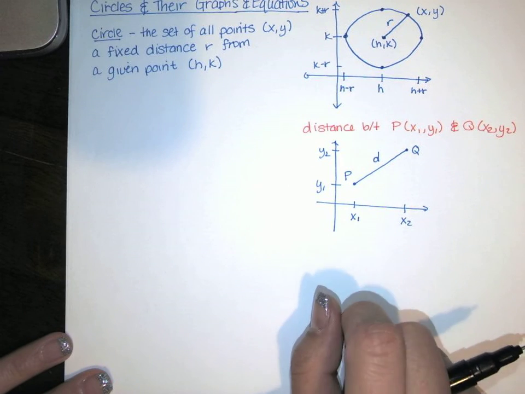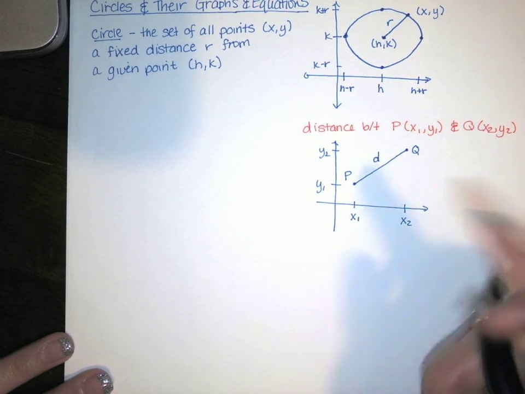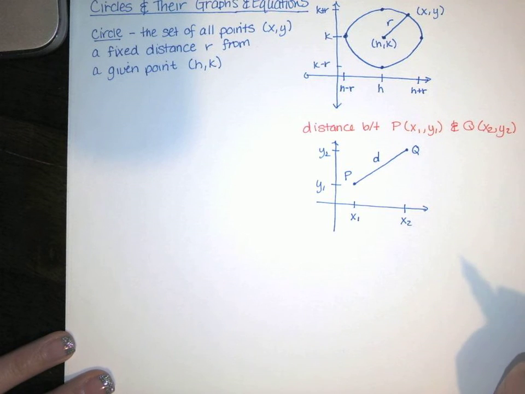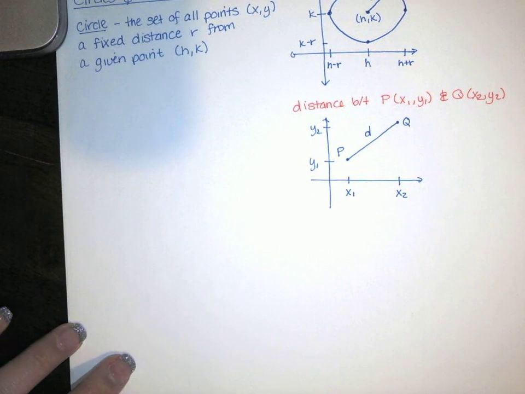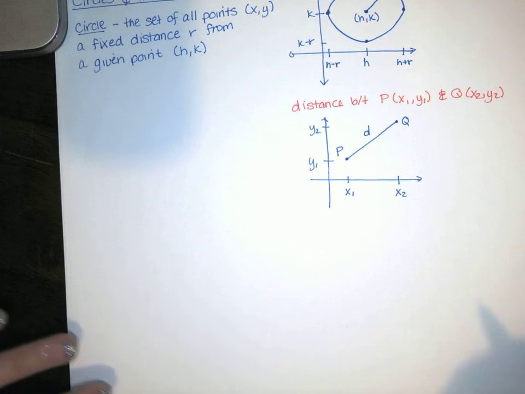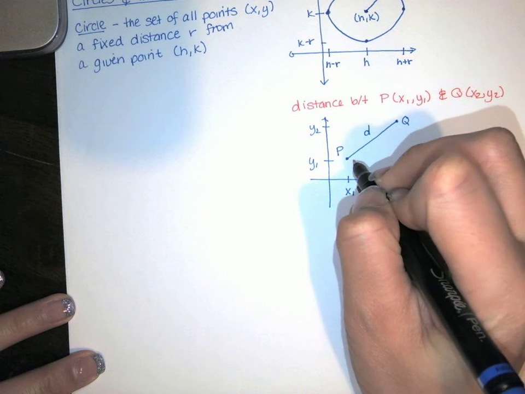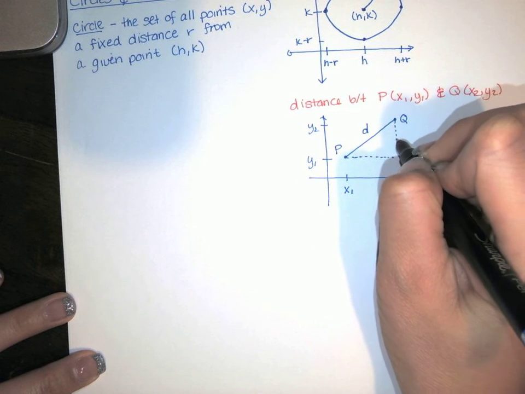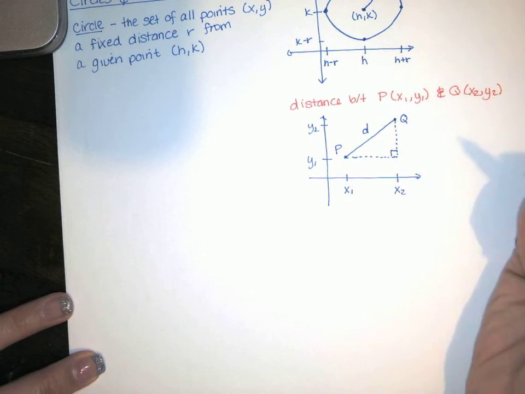If I want that distance, the easiest way to come up with it is to use this as the hypotenuse of a right triangle. So I'm going to draw a side of the triangle that's parallel to the x-axis, and a side that's parallel to the y-axis.